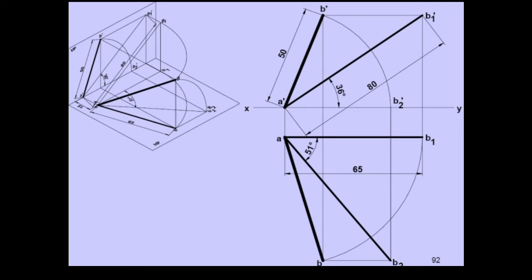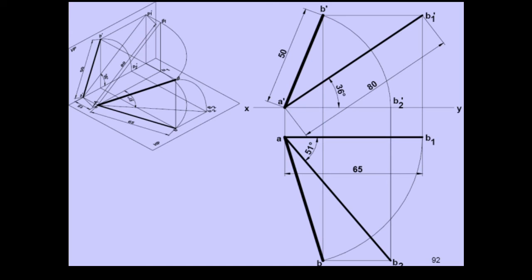Now B2 represents the intermediate location of the line when the line is parallel to HP and inclined only to VP, and in the top view AB2 will be in true length of 80 mm. Whatever inclination this top view AB2 makes with XY represents the true inclination of the line with respect to VP. On measuring, it happens to be 51 degrees.